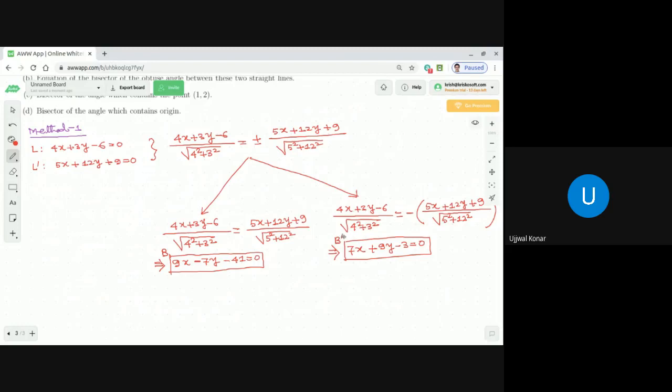Now our task is to find which one is the acute angle bisector.